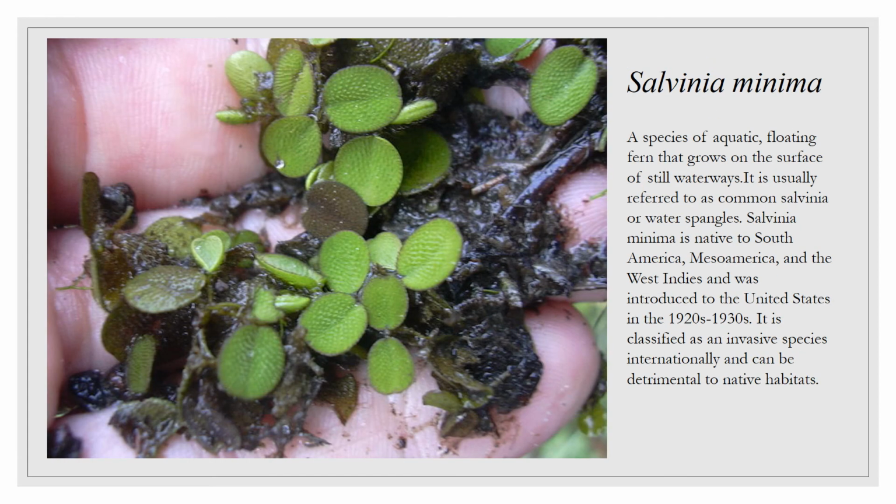Then Salvinia minima, a species of aquatic floating fern that grows on the surface of still waterways. It is usually referred to as common salvinia or water spangles. Salvinia minima is native to South America, Mesoamerica, and the West Indies and was introduced to the United States in the 1920s to 1930s. It is classified as an invasive species internationally and can be detrimental to native habitats.